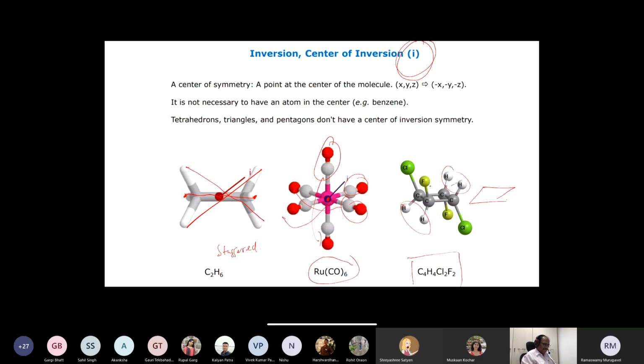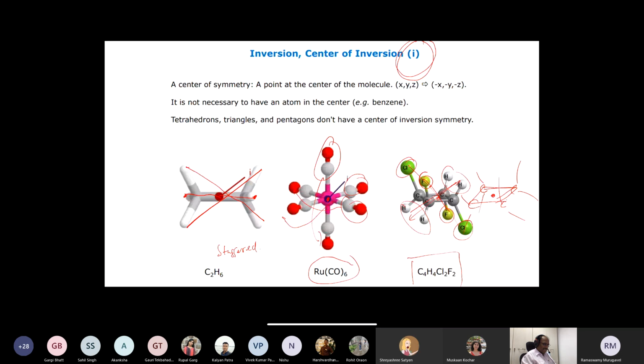So this can get inverted here, this can get inverted here, and I have a fluorine here which can get inverted here, and I have a chlorine here which can get inverted here. The inversion center is right in the middle of this C4 ring. So I have 2 hydrogens up, 2 hydrogens down, 1 fluorine up, 1 fluorine down, 1 chlorine down, and 1 chlorine up. That's how this works.